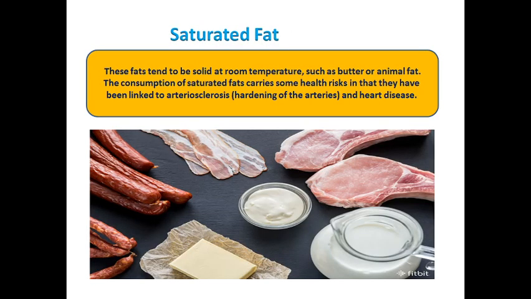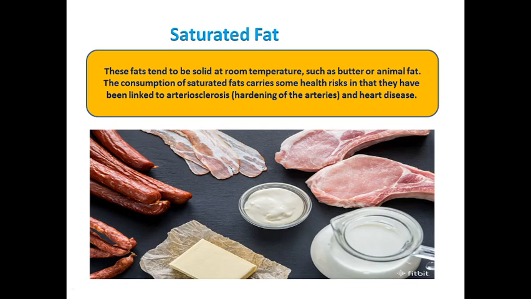Now the saturated fats tend to be solid at room temperature, such as butter or animal fat. The animal products usually contain fat which is solid in nature. It's not liquid, it's solid. The consumption of saturated fats carries some health risks in that they have been linked to atherosclerosis, hardening of the arteries, and heart diseases, because they increase the cholesterol in us.